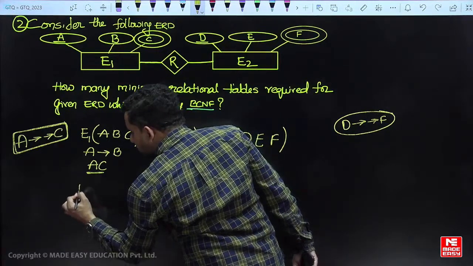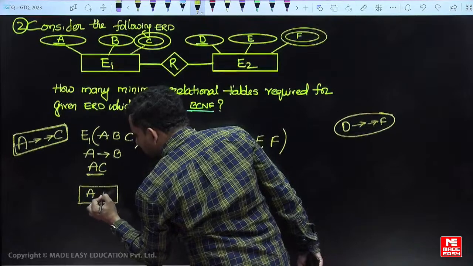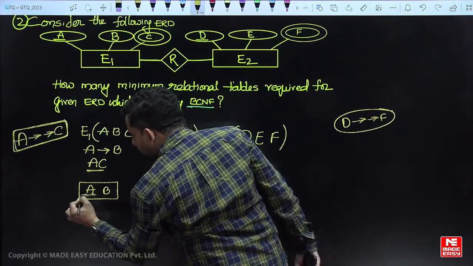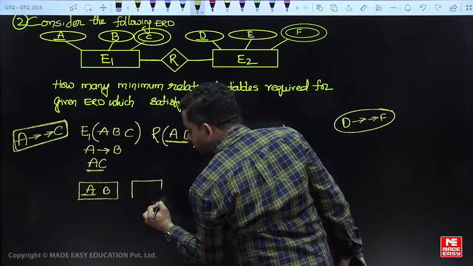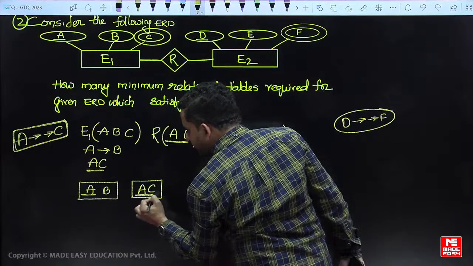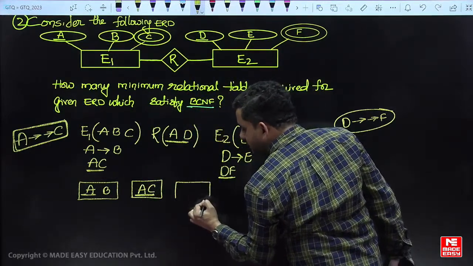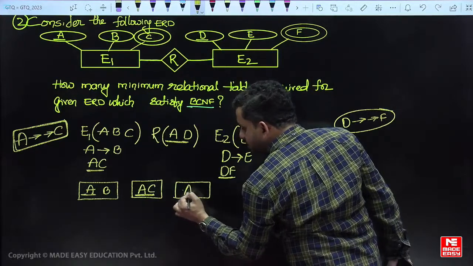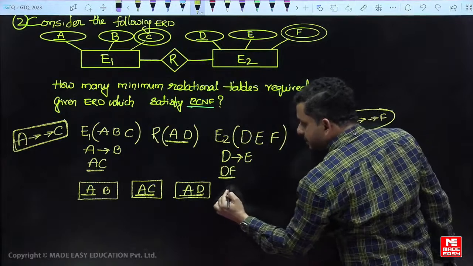We have to split this E1: one subrelation with attributes AB, with A as the key, and one other subrelation with attributes AC, with AC combinedly the key. The relationship set has AD as attributes, with AD combinedly the key because of the many to many mapping.